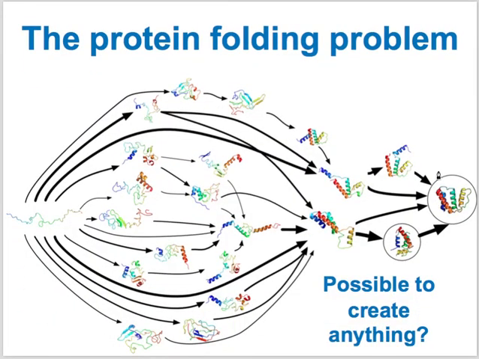The problem is that we have very few ways of understanding the path that a linear sequence takes that ends up at the goal. So even if we wanted to make something that could refold proteins and get rid of prions, or get rid of tau proteins, we don't have the capability to predict how that's going to happen.